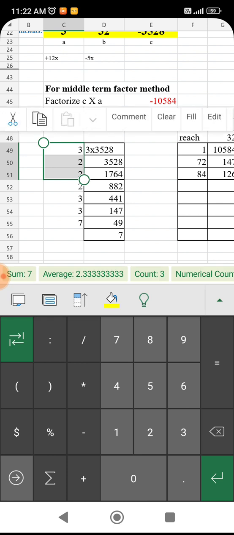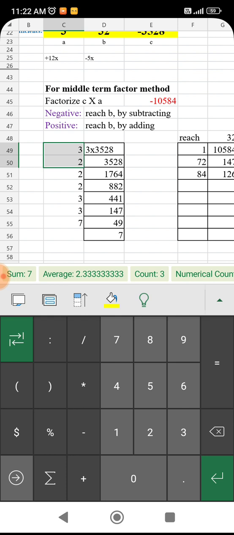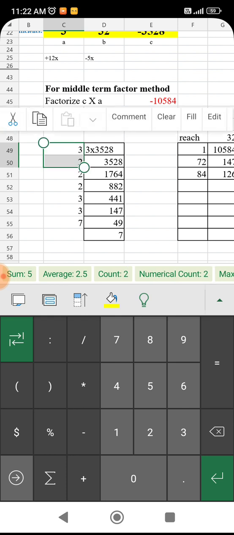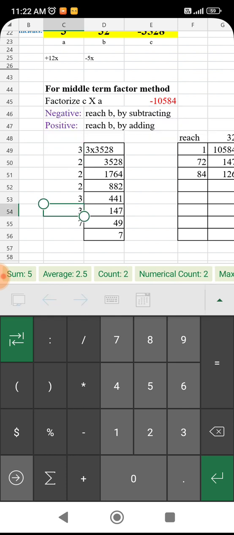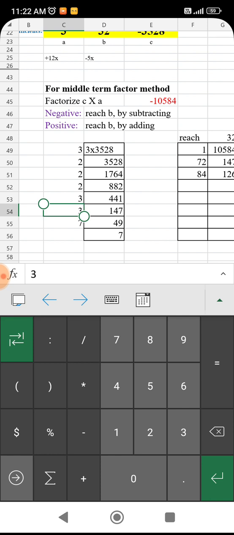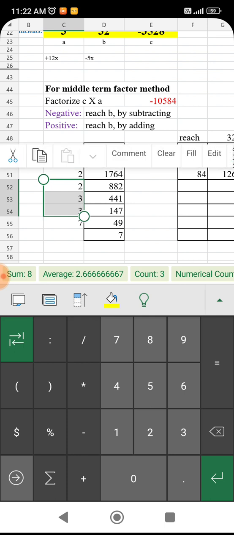So now we'll remove 1 two and take 1 three from here. 3 threes are 9, 9 twos are 18, and 7 into 18.